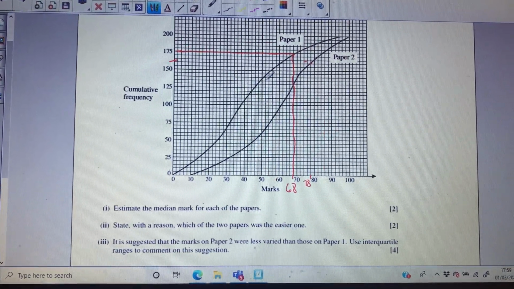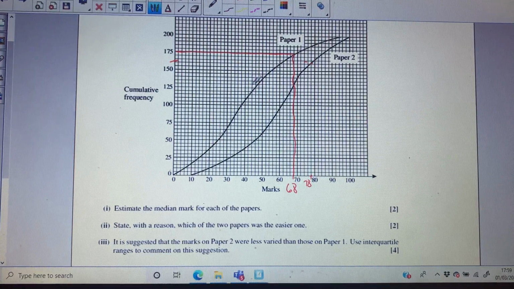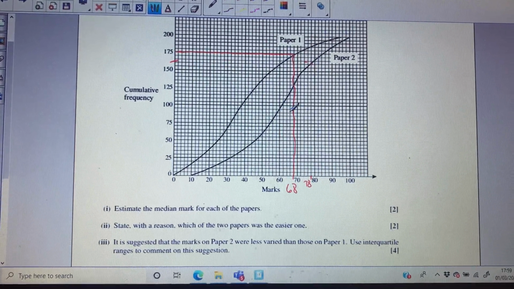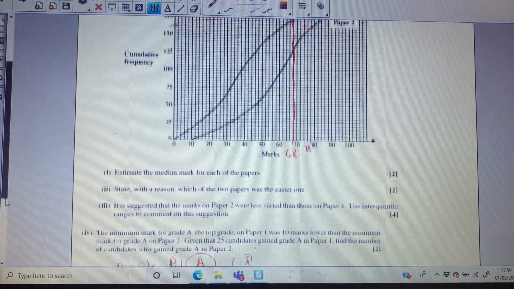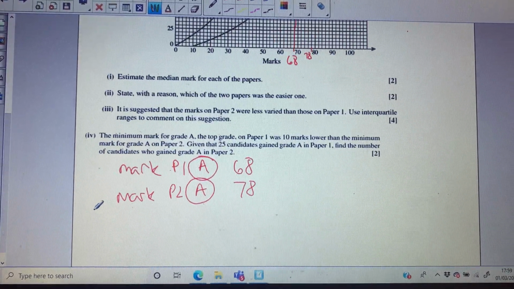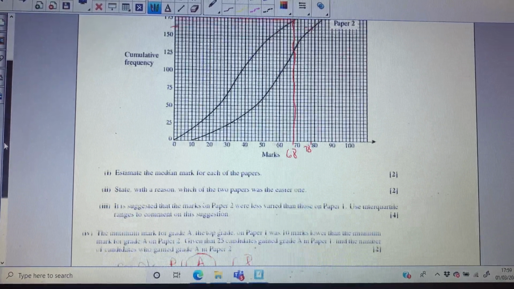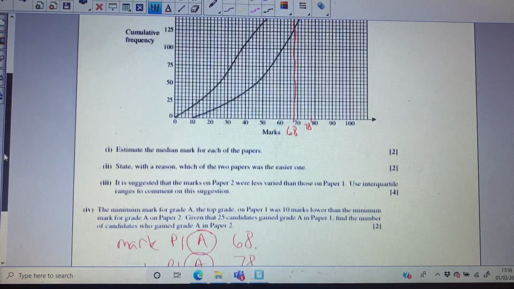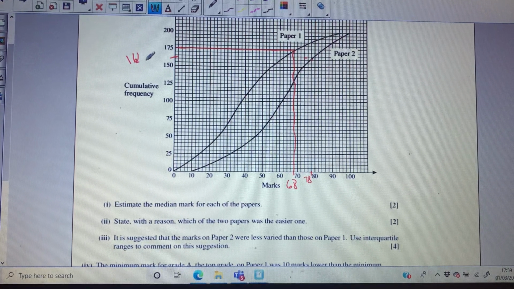So we know that every little square is 5. So I'm thinking 162, 163.